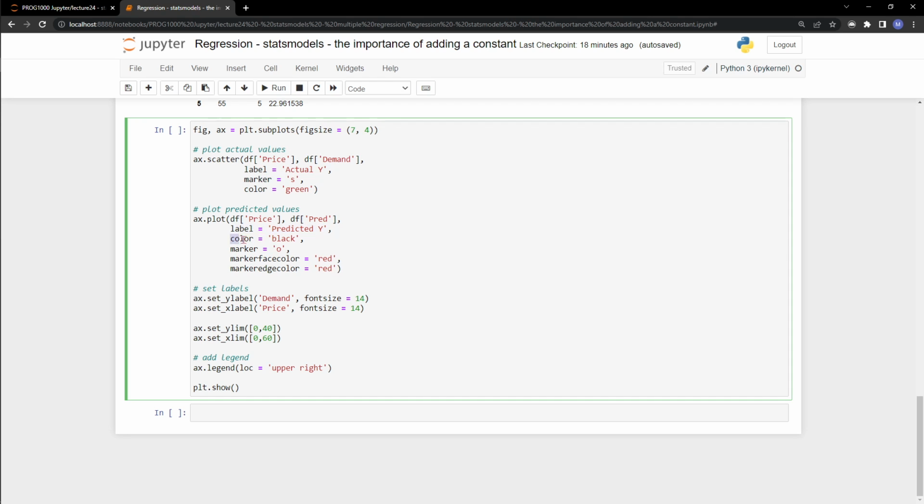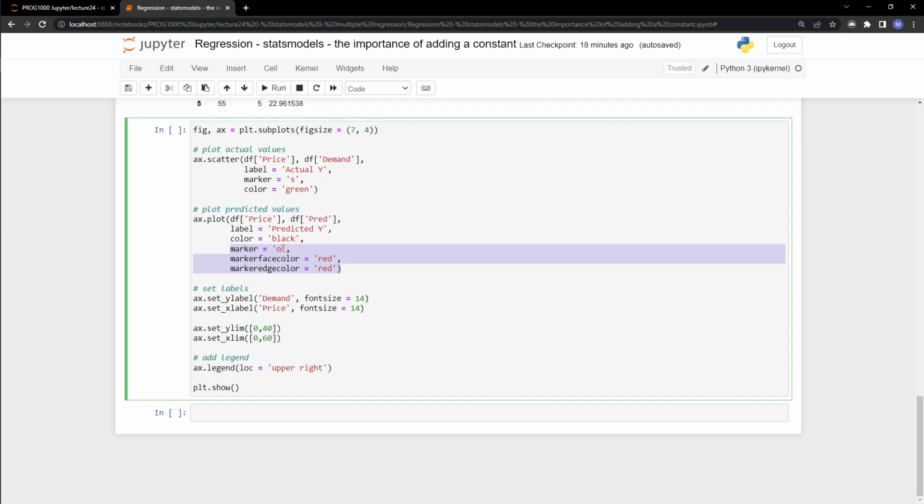And the line should be black, but we want to add some markers on the data points corresponding to the observed prices, and these will then give us the predicted demand for those specific prices.